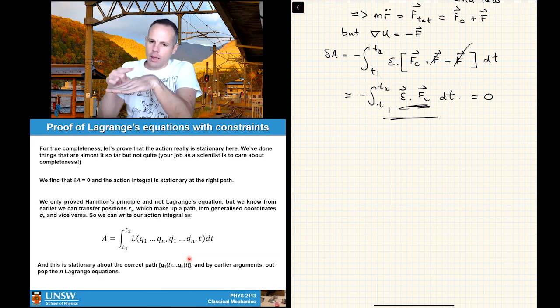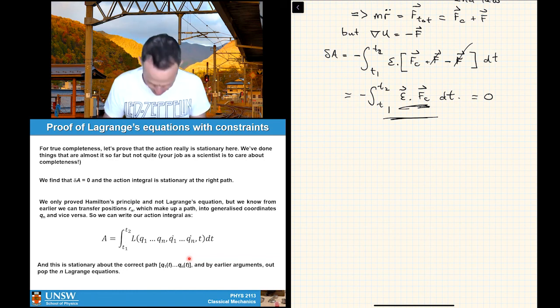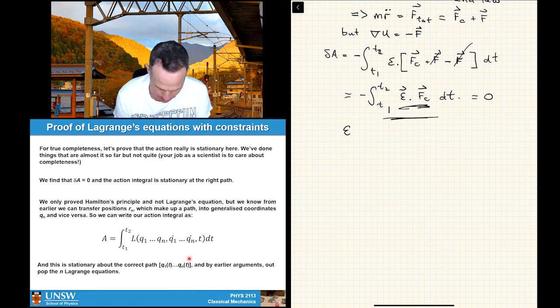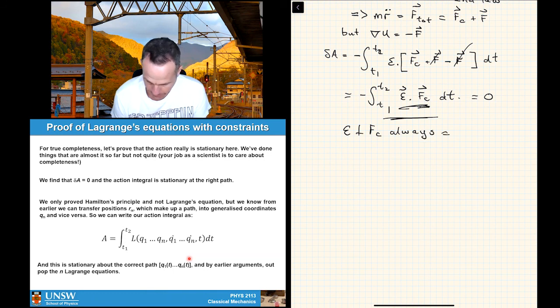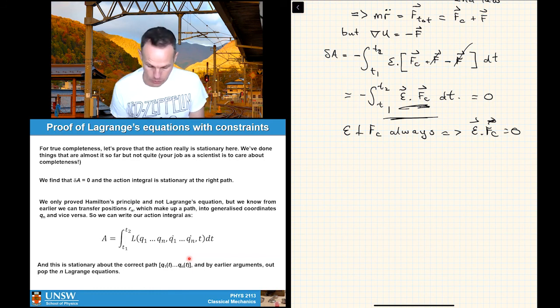So we've got a dot product between epsilon, a vector that must be in the plane, and Fc, which must be a vector perpendicular to the plane. And so we know that epsilon and Fc must be perpendicular to each other, and so that dot product has to be 0, okay?